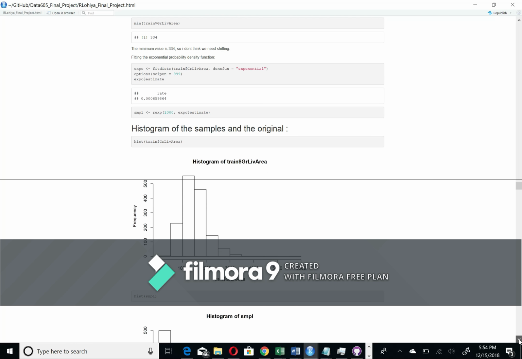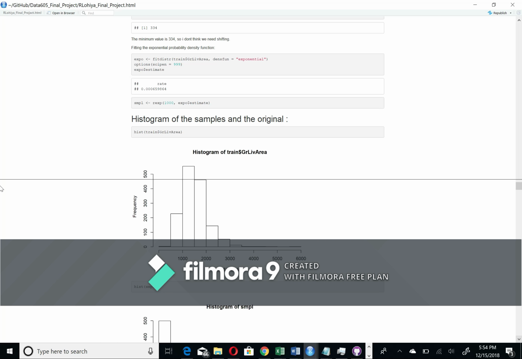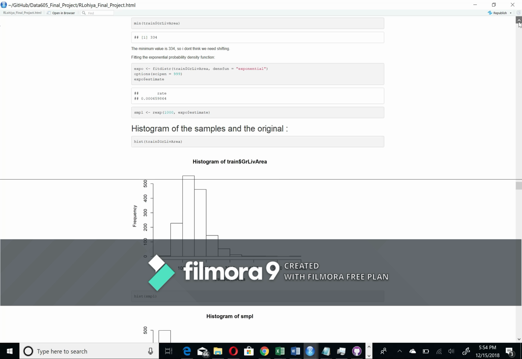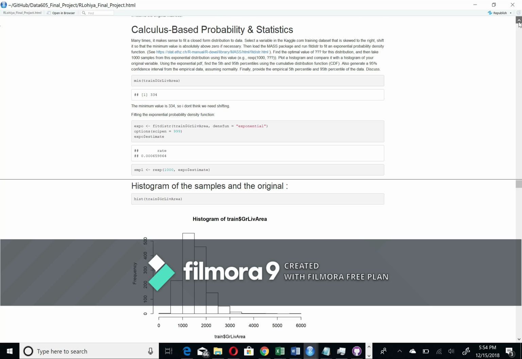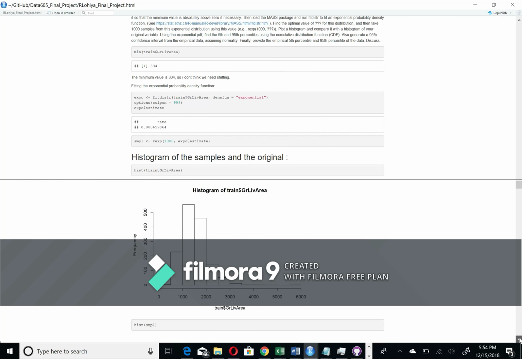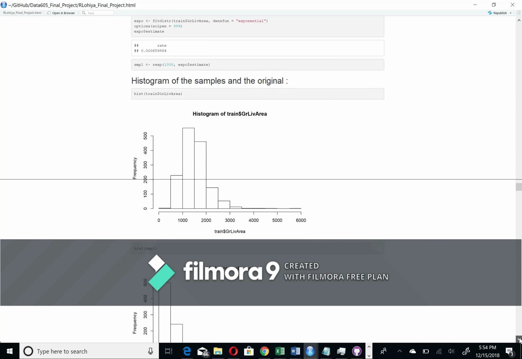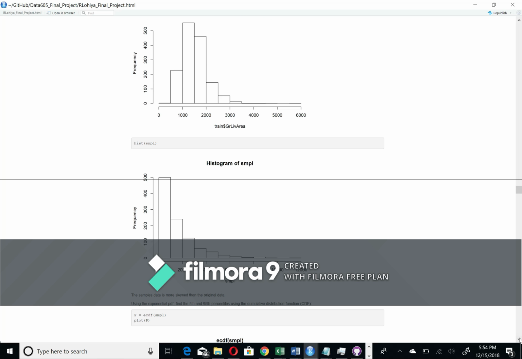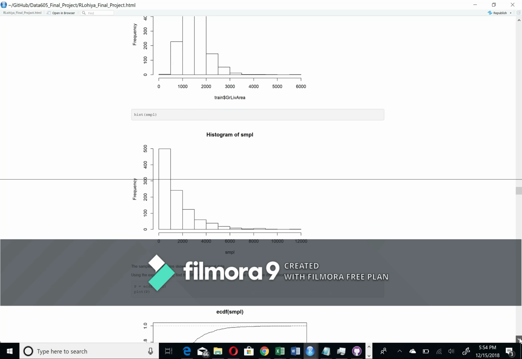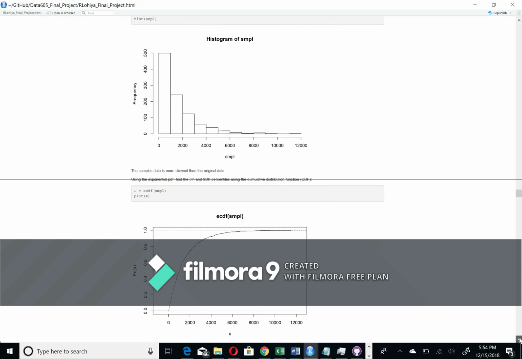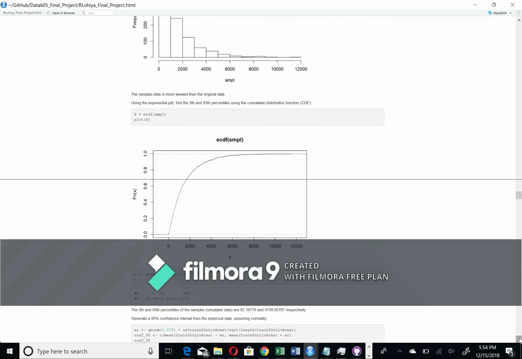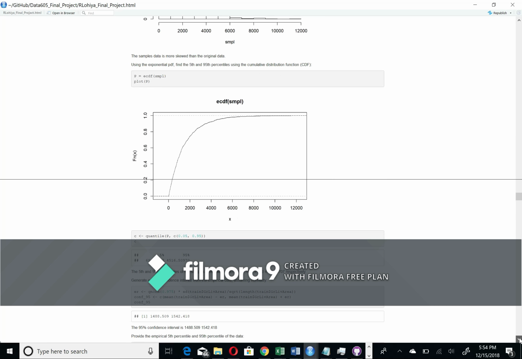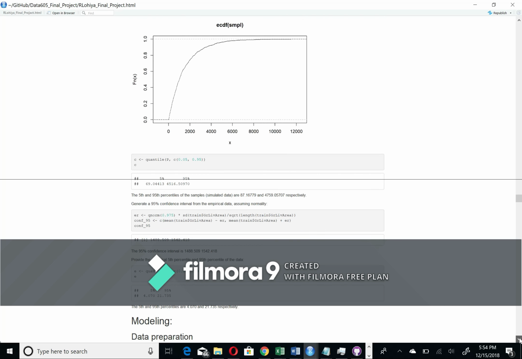I found the rate, and then using the fit distribution I calculated the exponential probability density function, and then plotted histograms for both. You can see the histogram for samples and originals. The sample is more skewed, I would say. And then we had to find the 5th and the 95th quantiles, which I have done here.